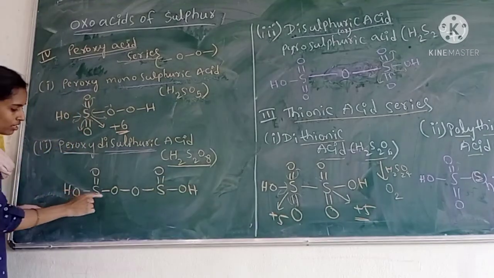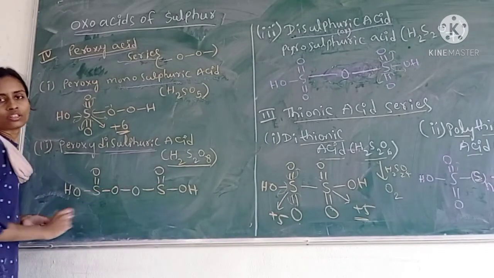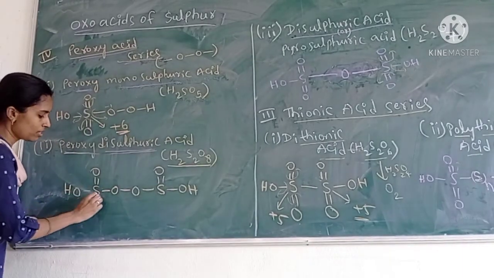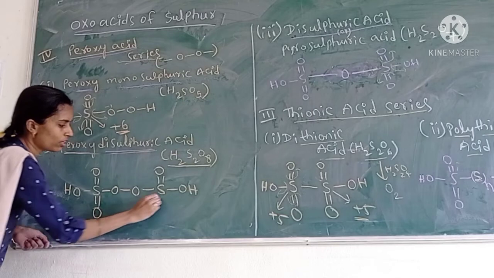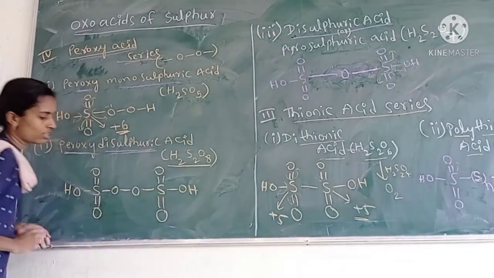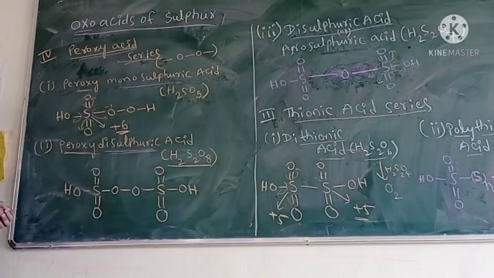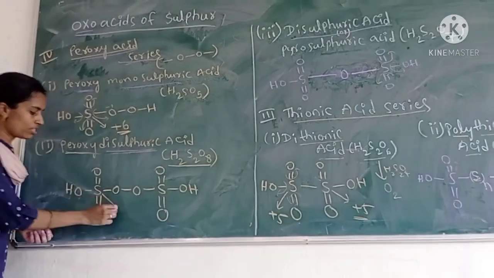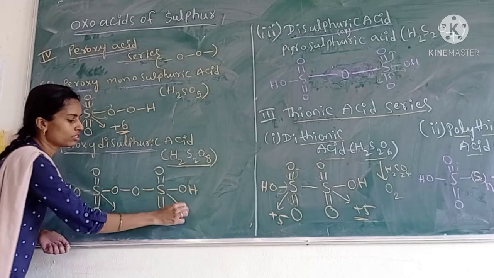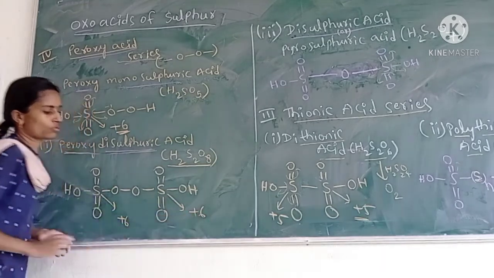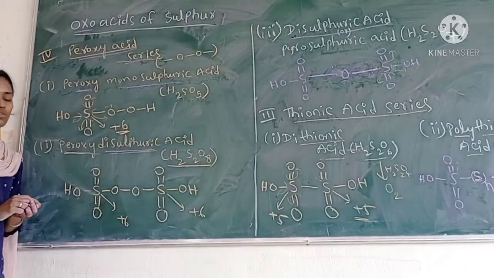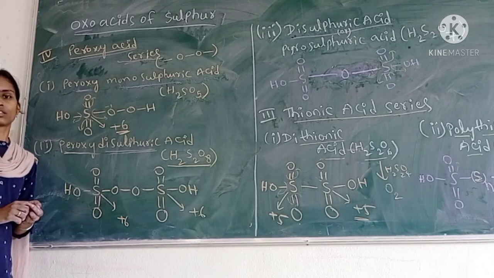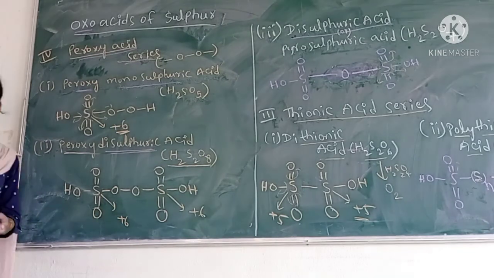What remains? Total oxygens are 8, so 2 oxygens remain. Just satisfy the sulfur valency. This is the structure of peroxydisulfuric acid, and this sulfur is in +6 oxidation state, and this sulfur is also in +6 oxidation state, and the average oxidation state is also +6. So this is about the oxo acids of sulfur.